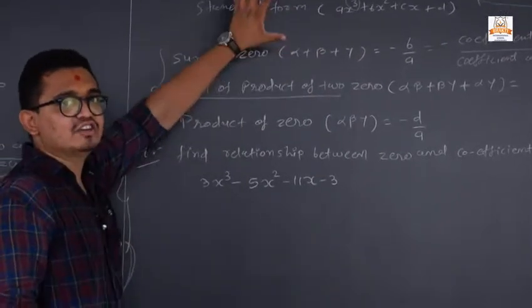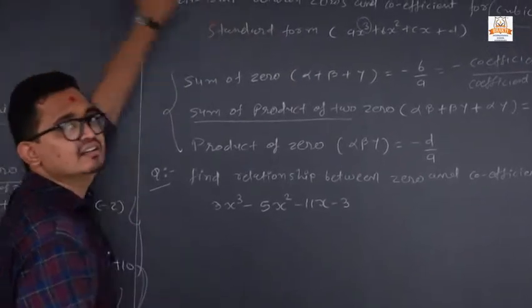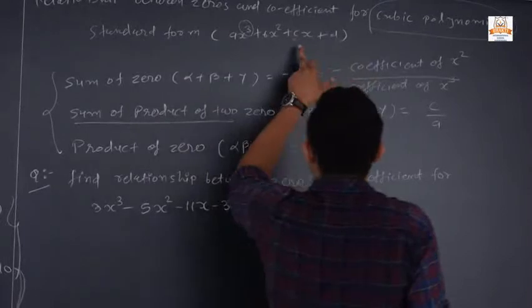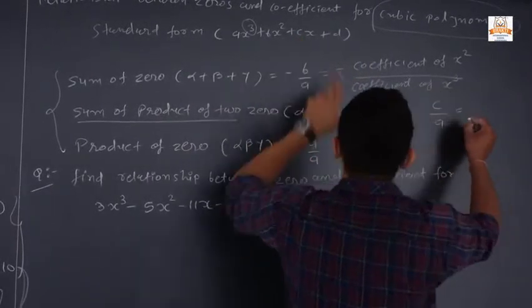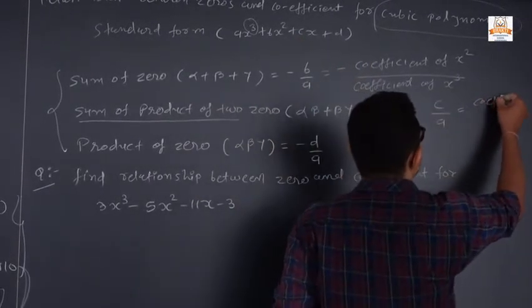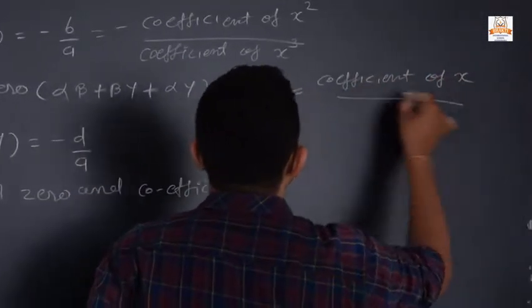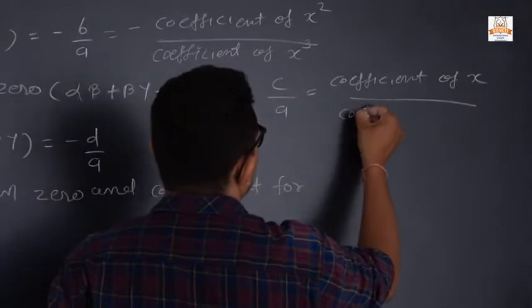And if they ask quadratic, we use the other formula. So what does c mean? See that. Here we can write c means the coefficient of x.